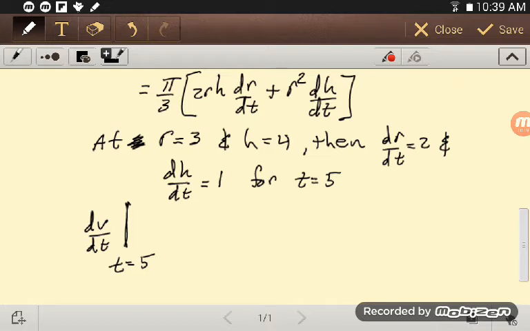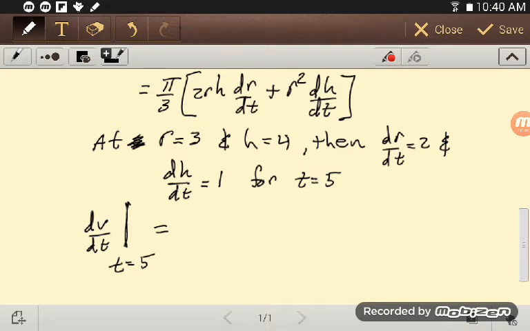So this is dV/dt at t equals 5. That is not a standard notation for something like this. I don't know that you'll find it in any books, but it is a standard notation for integrals when we start doing that, so it's not heretical to write that.